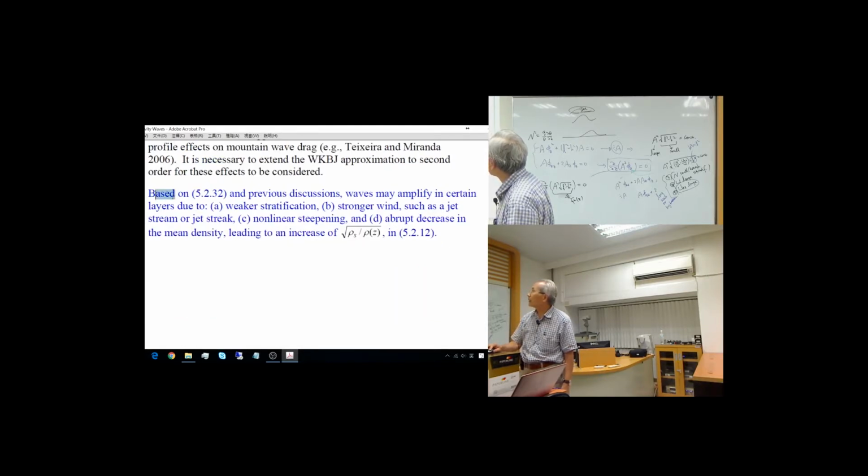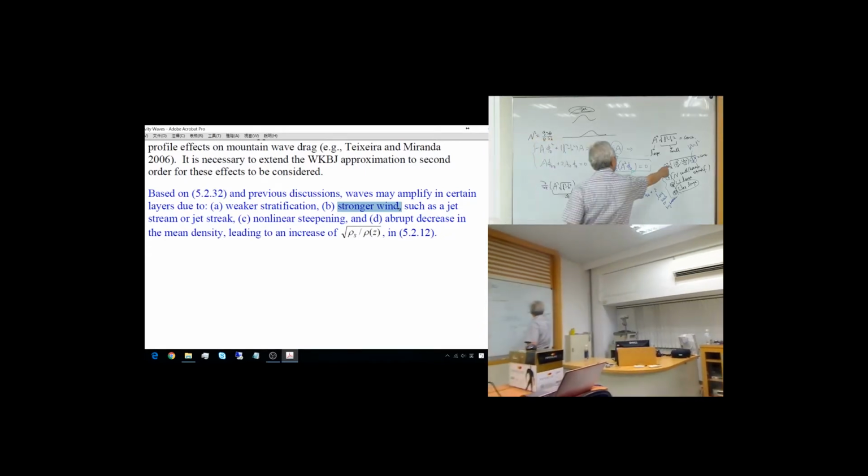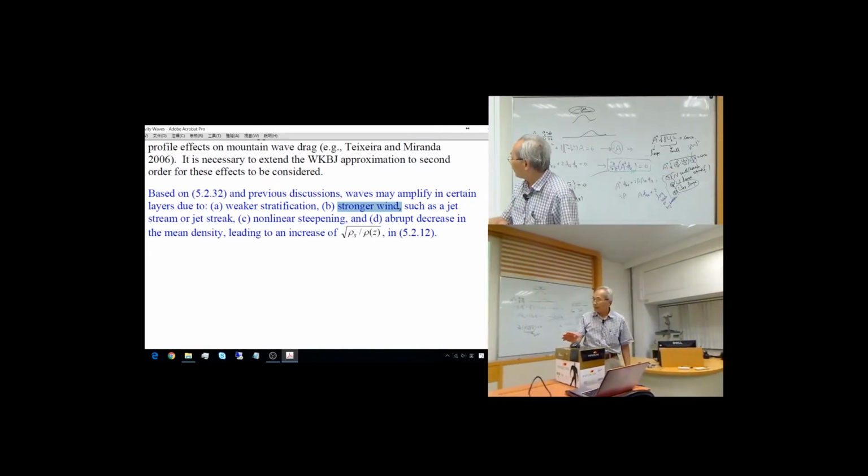Conclusion based on 5.2.3 and previous discussions: a wave may amplify in certain layers due to weak stratification, that is N squared small, strong wind, that is U large, and nonlinear steepening, and abrupt decrease in mean density, like this. So those are mechanisms which may amplify the wave.